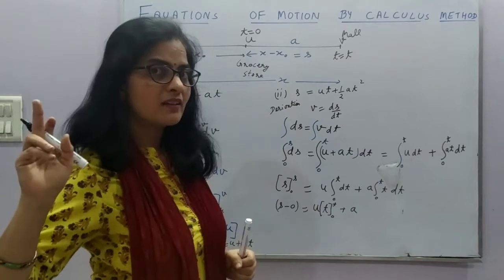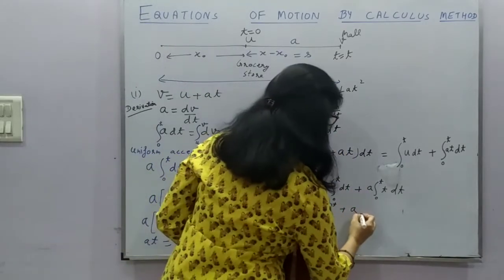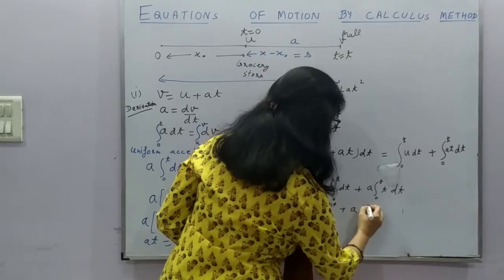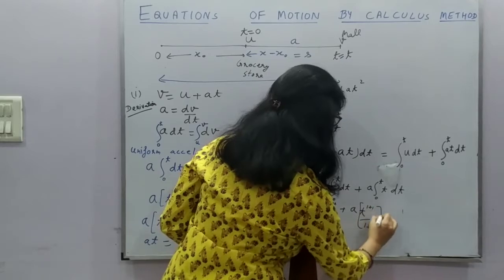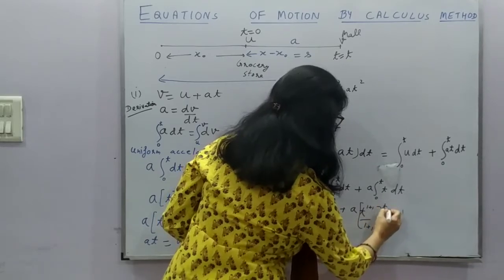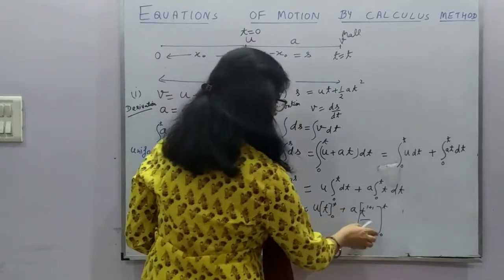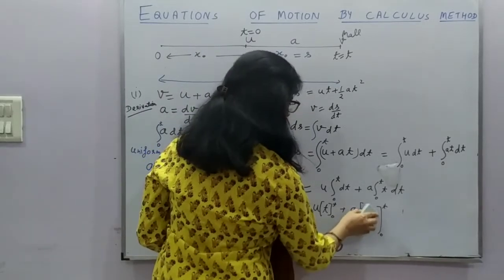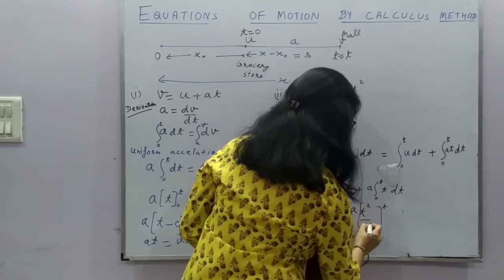The integration of x to the power n is x to the power n plus 1 upon n plus 1. So here this is t to the power 1, so the integration will be t to the power 1 plus 1 upon 1 plus 1, right? And limits will be 0 to t. So I can write it directly as t square upon 2.